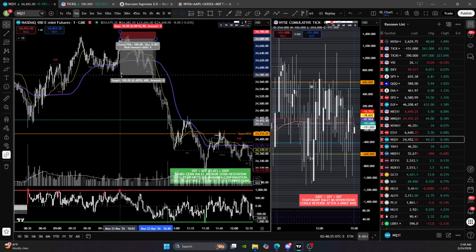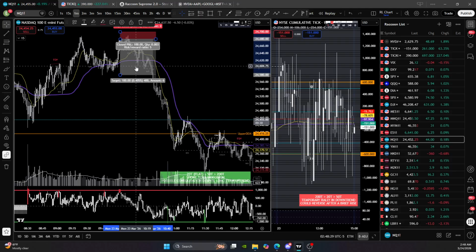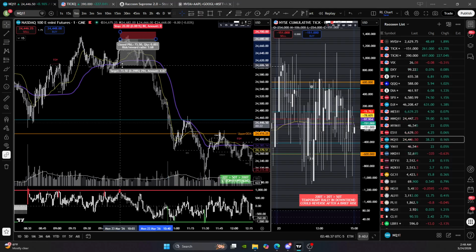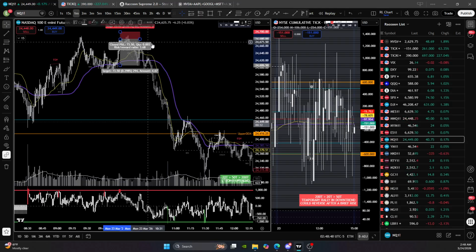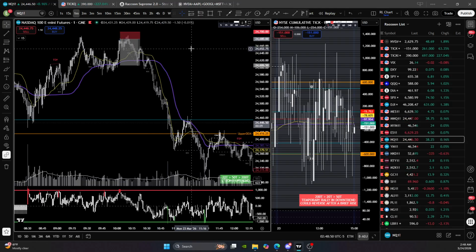So that would have been 100 points. Maybe not. It happened over here. So it would have been a little less than that. So roughly 73 points. Still 73 points. The risk reward is 3.6. So that was one fantastic trade, right? I mean, 73 points, pretty decent.